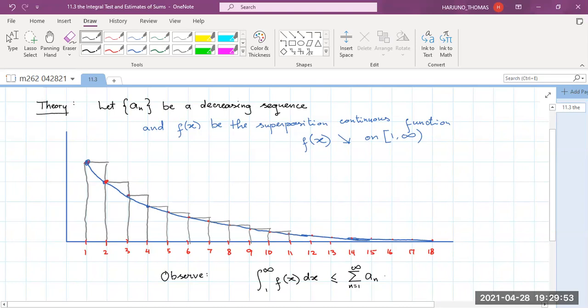Why? Because if you look at that rectangle, we always have extra stuff because it's decreasing. Then the series will be more than the integral. And of course the error here gets smaller and smaller. Now that's the first observation.